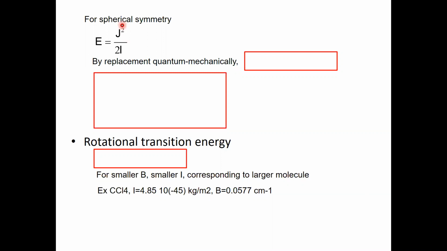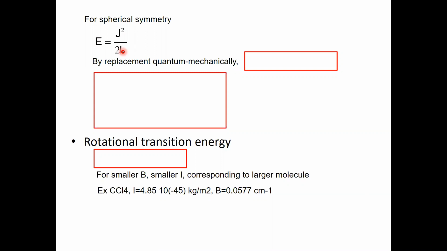A spherical symmetry molecule, meaning the three rotational axes are equal. So in this case, we could write the energy like J squared over 2I.